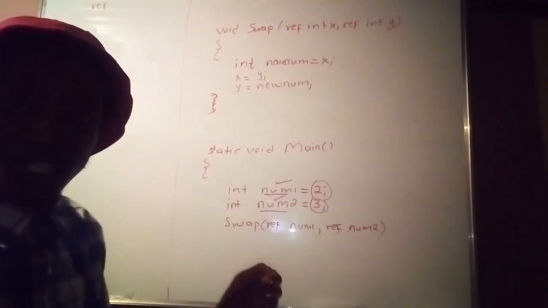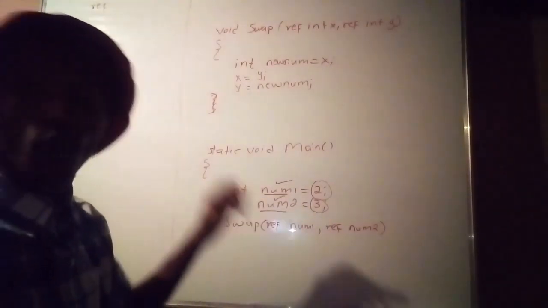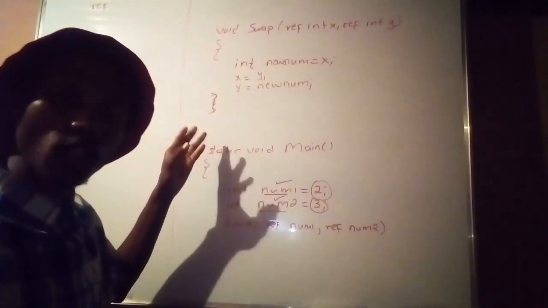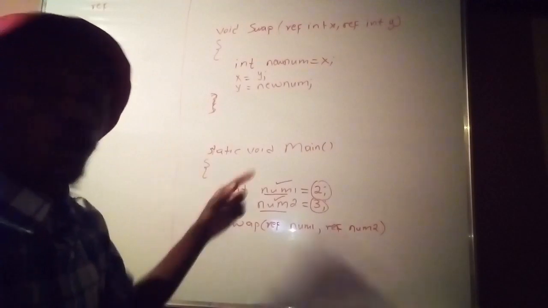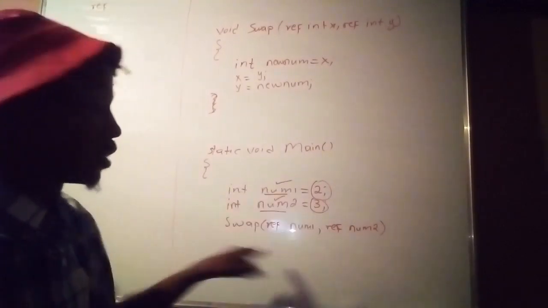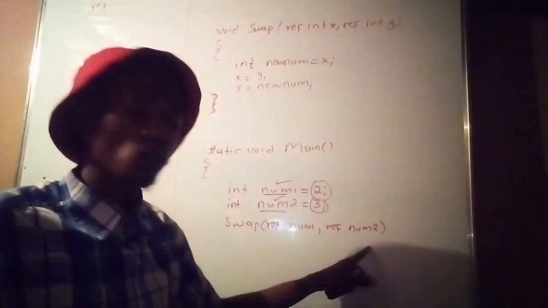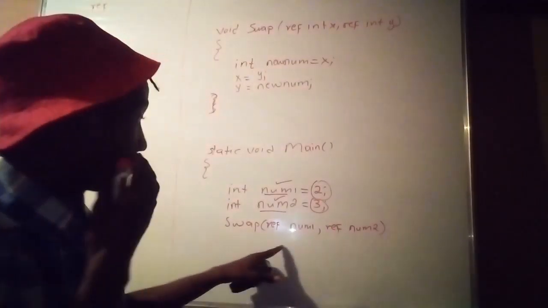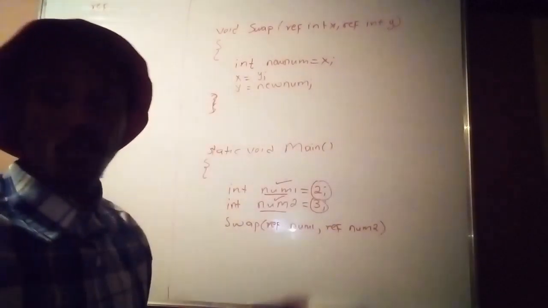But when you pass arguments by their reference, whatever is done on those arguments where they are modified will affect these argument variables. So ref allows us to pass the arguments or the parameters of a method by their reference, so that they can be modified somewhere.